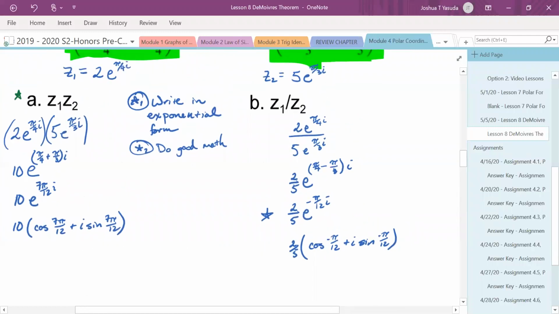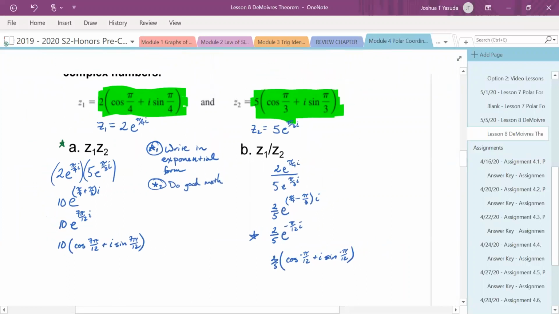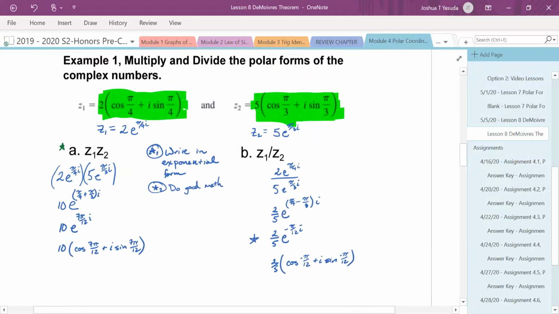So, to wrap this up, if you're having to do some algebra with polar form of complex numbers, don't make it hard on yourself and leave it in these forms. Make life better and put it into exponential form, and then just do good math. I think you'll find that the work is pretty straightforward and not that difficult.